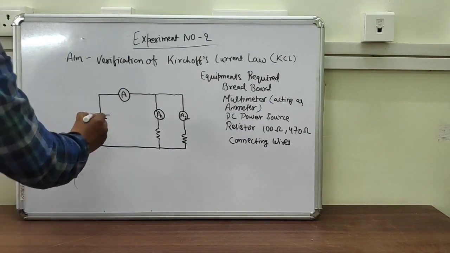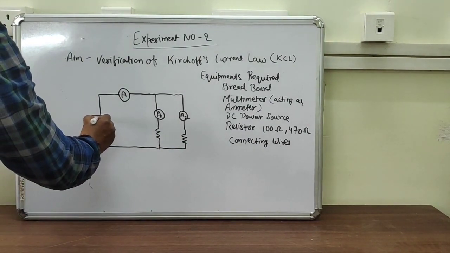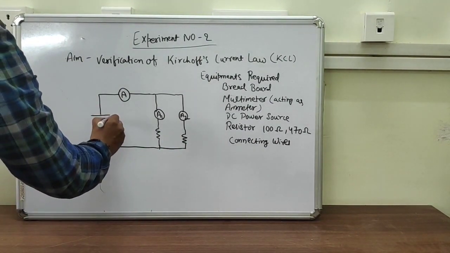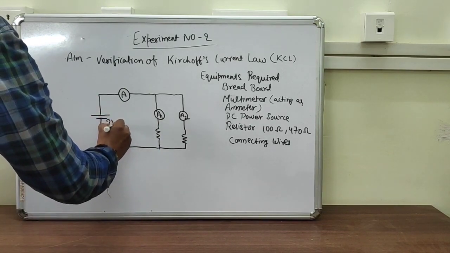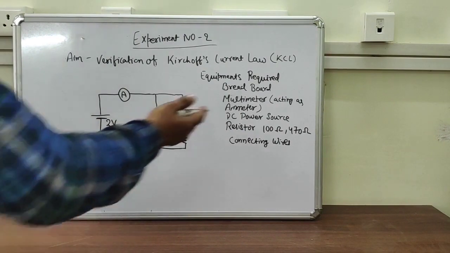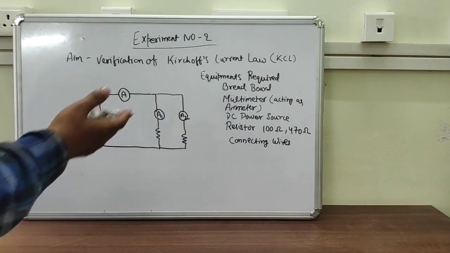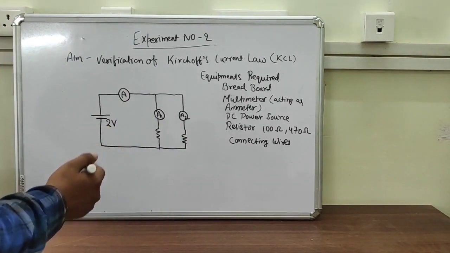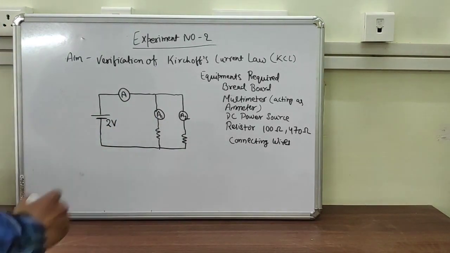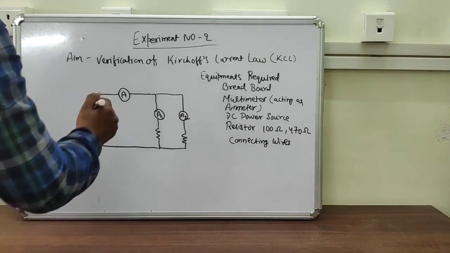So I am going to take here a DC voltage, suppose 2 volt. Since I have taken lower resistance values, only 100 ohm and 470 ohm, I am going to use low voltage here.